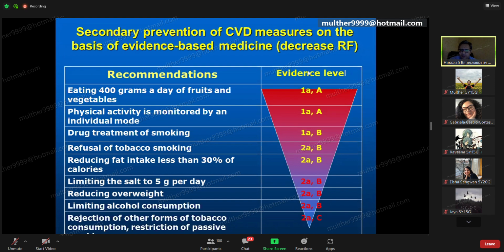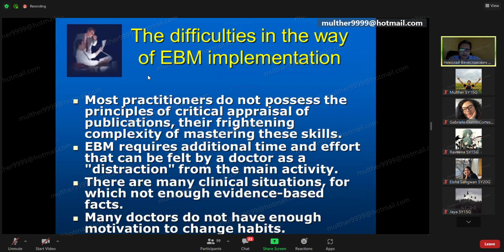For them, the most effective recommendation, with the highest evidence level, is eating enough fresh fruits and vegetables, and recommended physical activity. For the other recommendations, the value is less.